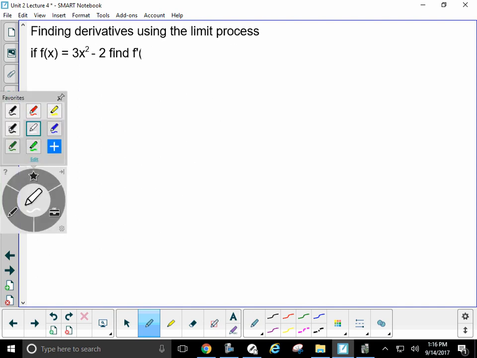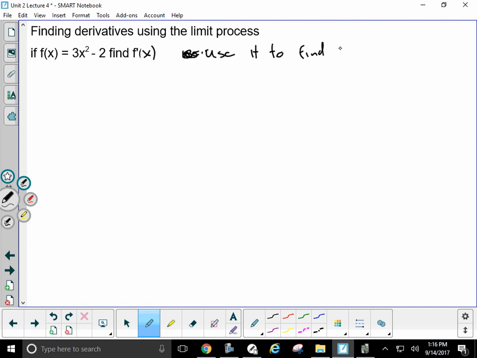I want you to find f prime of x and then use it to find the slope of the tangent to f at x equals 2. Okay, let's start.